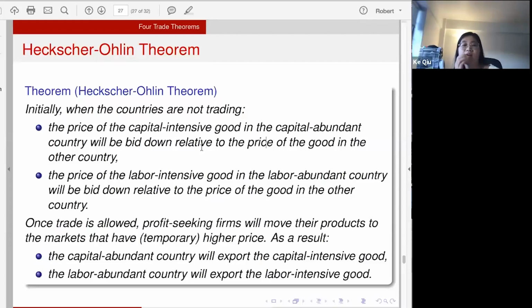I mean, in this capital abundant country, the relative price of these capital intensive goods was lower than the same relative price in the other country, like the labor abundant country, right?